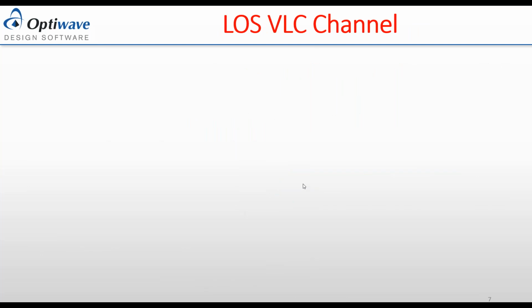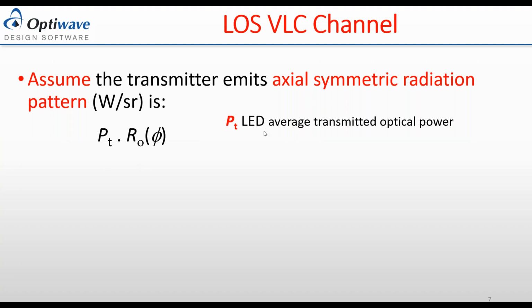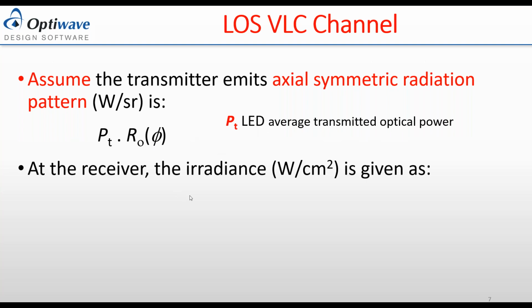In the line of sight visible light communication channel, if we assume that the transmitter emits the radiation pattern in watts per steradian following this relationship, PT times R0, where PT is the average power of the transmitted source, then at the receiver end, the irradiance, which is watt per centimeter squared, is given by this formula here, which is related to the radiation transmission divided by D squared, where D is the distance between the transmitter and the receiver in the room.